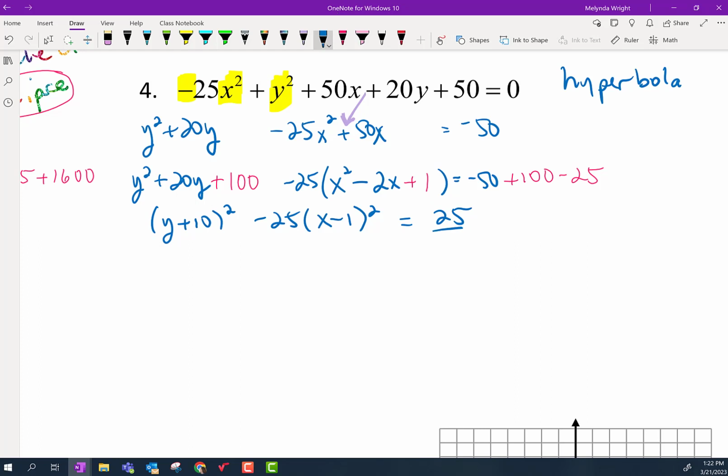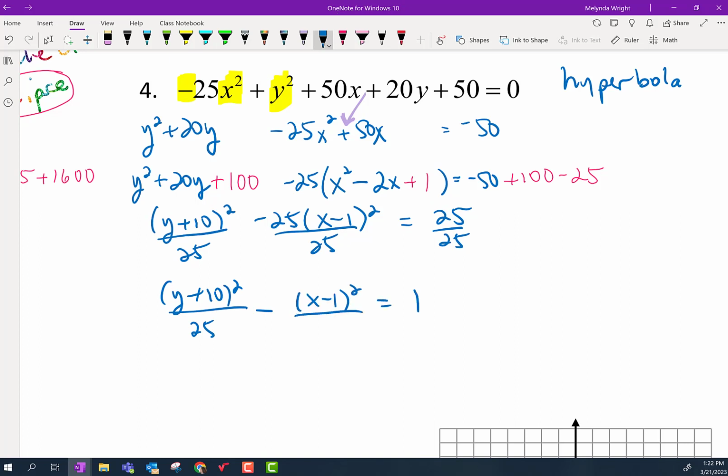So I'm going to have to divide everything by 25. So we've got y plus 10 squared over 25 minus x minus 1 squared is 1. And you can put this over 1 if you want to, or just leave it as x minus 1 squared.